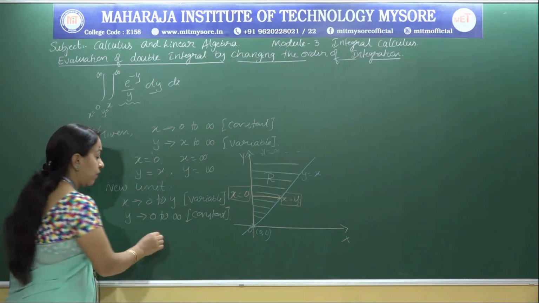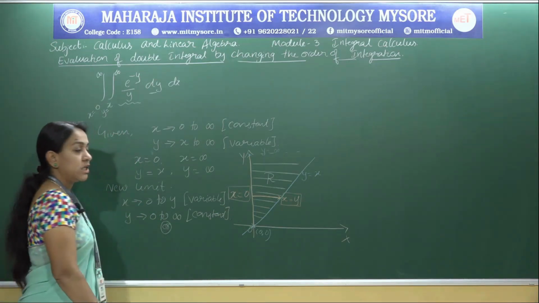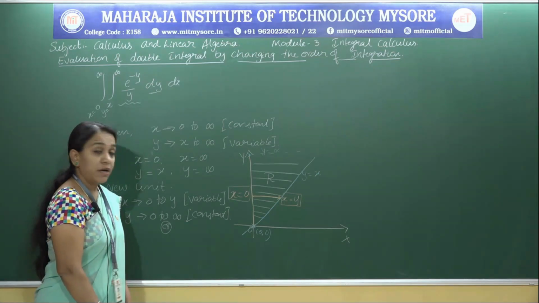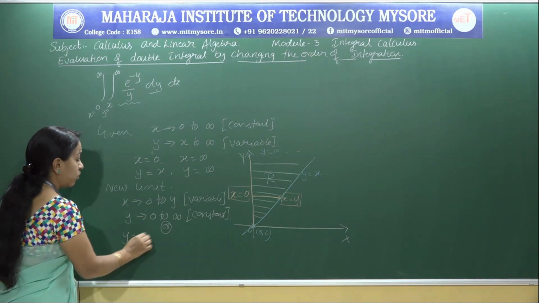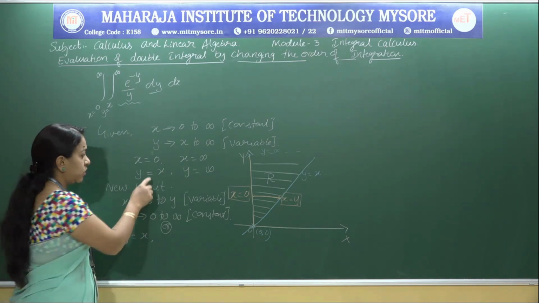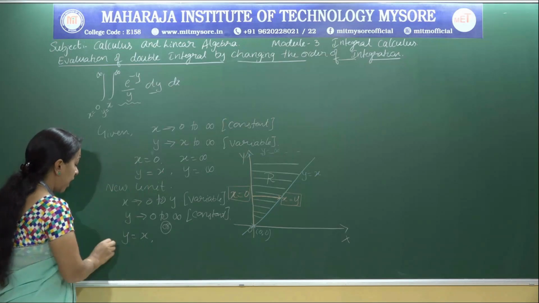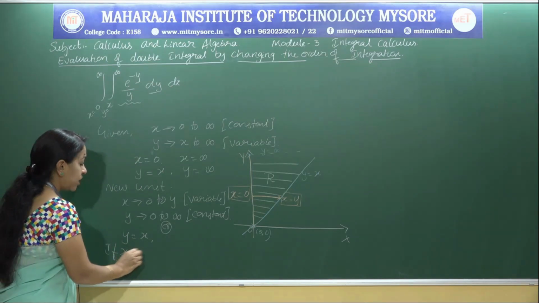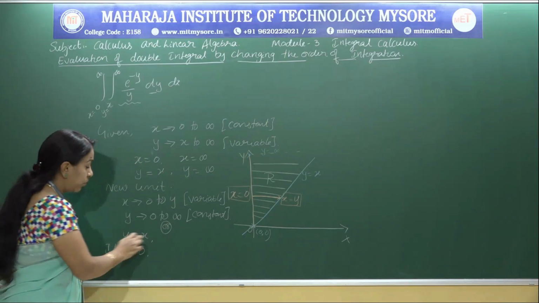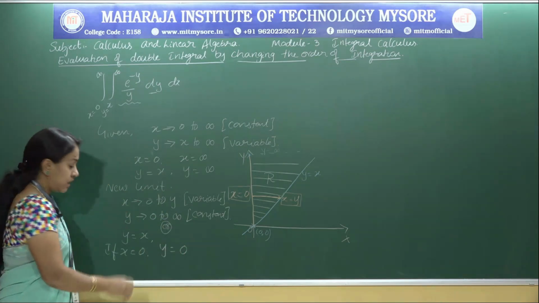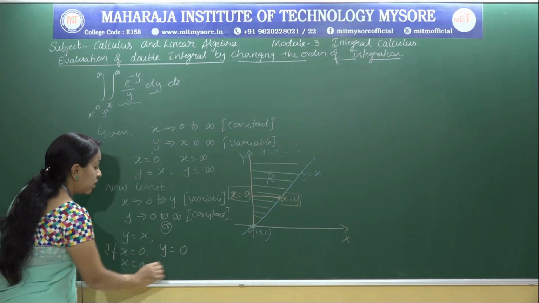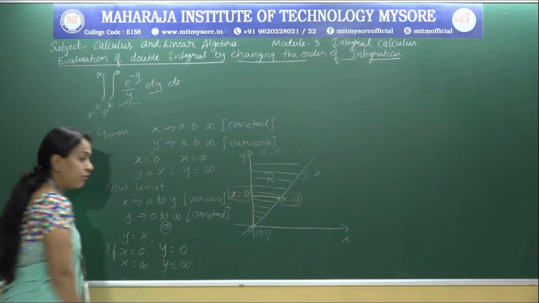Or we have one more method: we can consider using a coordinate plane, or consider the given curve. We have y equal to x, right, the variable function. So, we have the values for x. If I put x equal to 0, y is 0, and if x is infinity, then y equal to infinity.